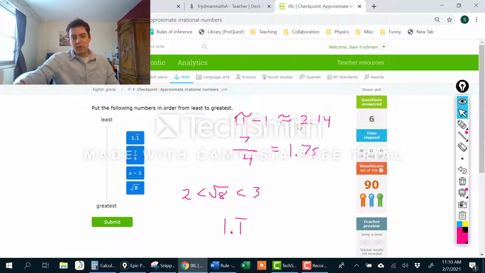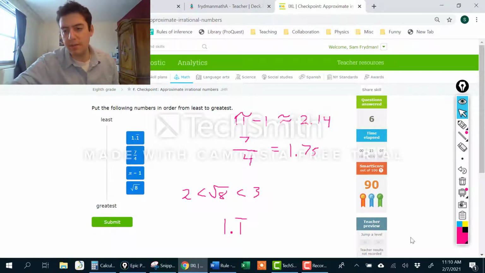And then it's between pi minus 1, which is about 2.14, and the square root of 8, which is between 2 and 3. So this right here is not enough information for me to tell which one is bigger, because pi minus 1 is 2 point something, and the square root of 8 is also 2 point something. It's between 2 and 3. So how can I compare these? Well, what did I say before when I said that this is between 2 and 3?